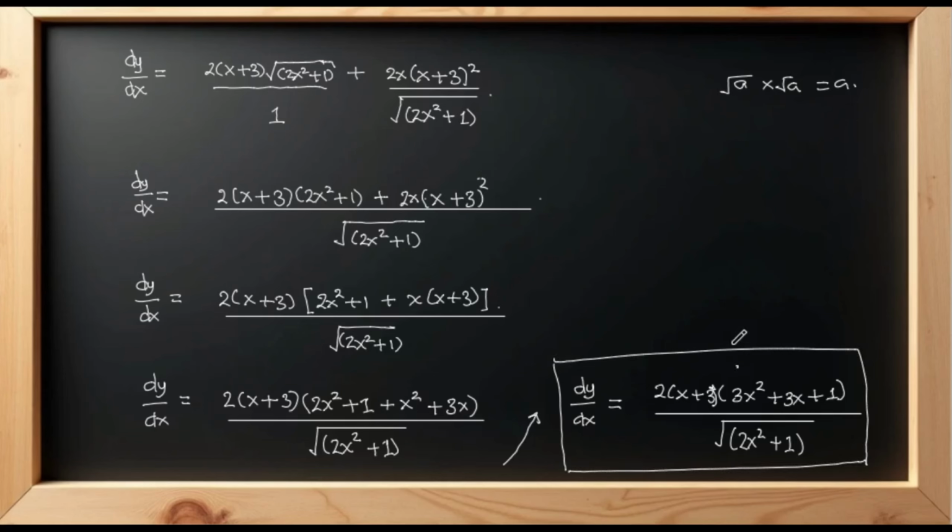If you have tried before and you've got something similar to this, give yourself a thumbs up and thank you for that trial. Now let's move on to the next number, and that is number 2. Question 2 says y is given by 1 minus 5x, divided by 3x plus 2.